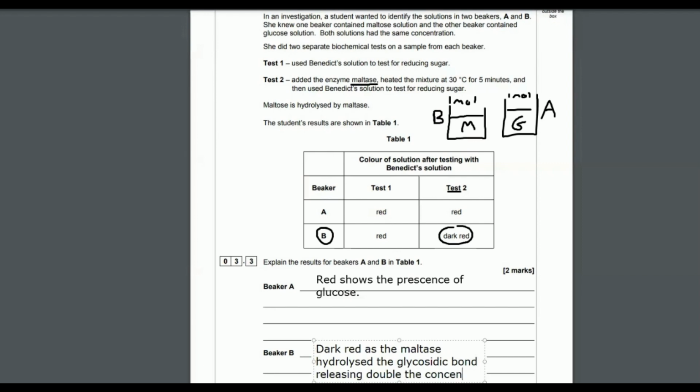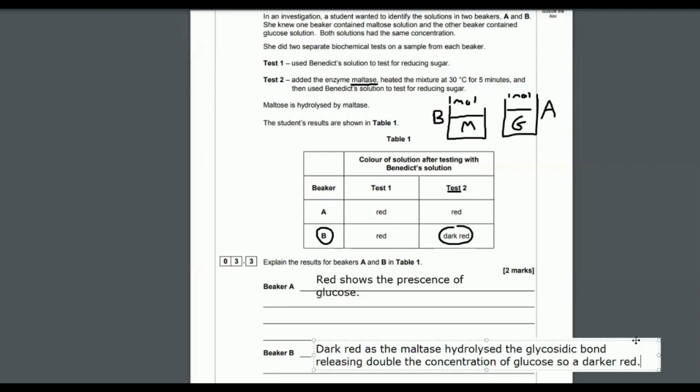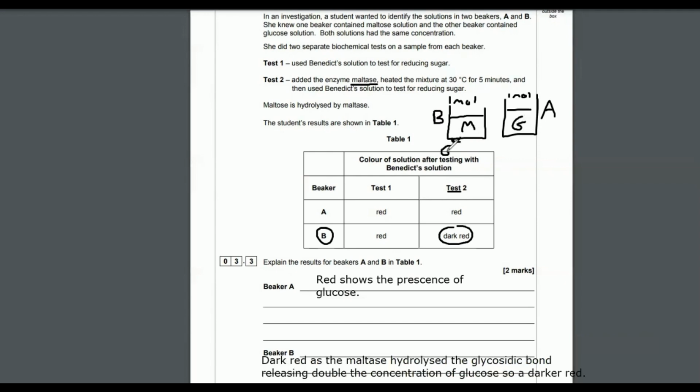So if you have the same concentration of maltose and the same concentration of glucose, if you hydrolyze the maltose, you'll double the concentration of the glucose because each maltose molecule is made of two glucose molecules. It's made of 2G.